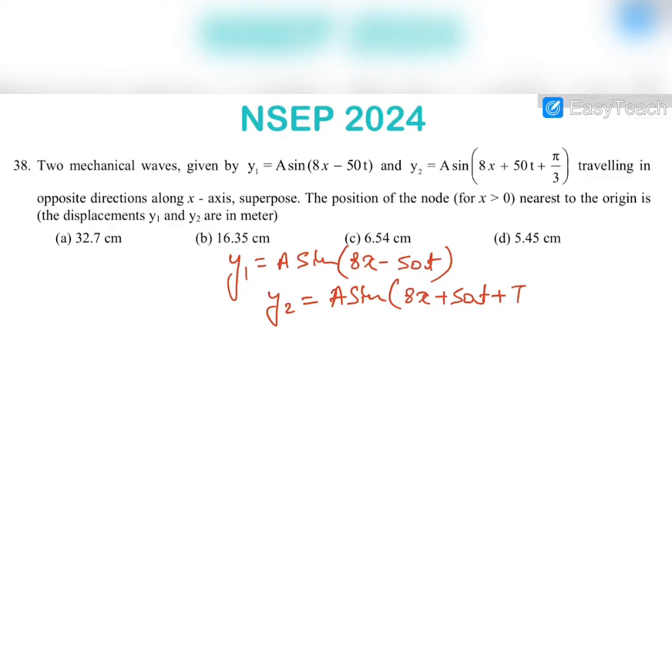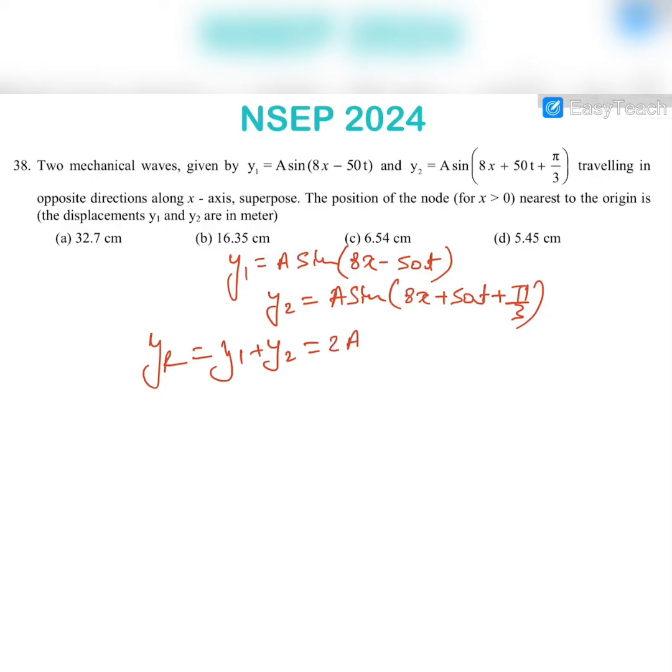So obviously y1 is A sin(8x minus 50t) and y2 is A sin(8x plus 50t plus pi by 3). When they superimpose on each other, y resultant will be equal to y1 plus y2, and therefore using the formula sin A plus sin B is 2 sin((A plus B)/2) cos((A minus B)/2).